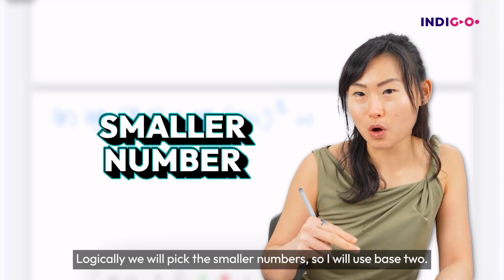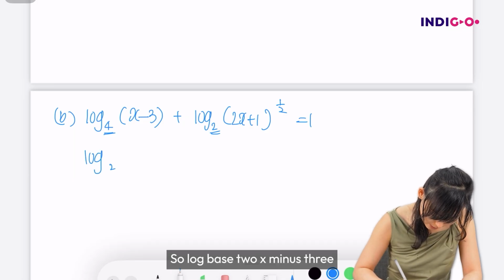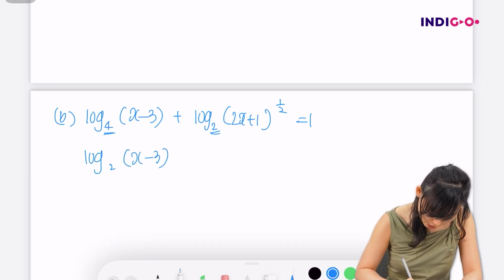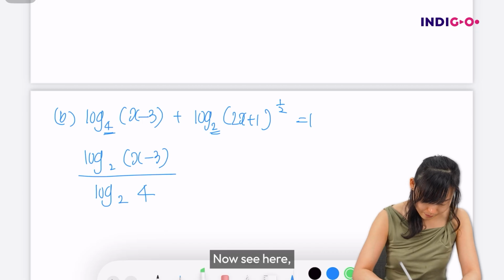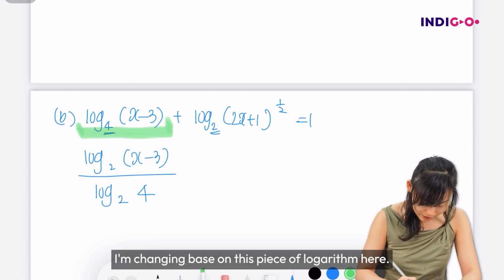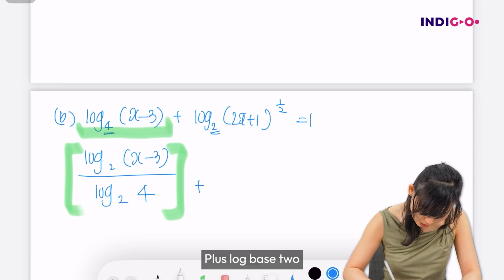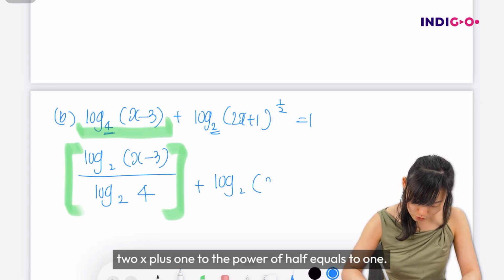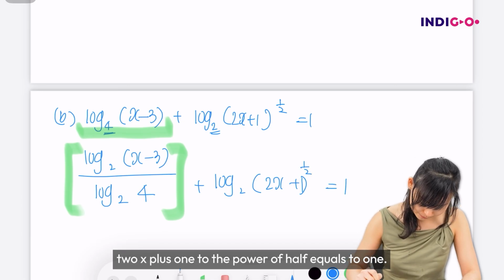Logically, we will pick the smaller number, so I'll use base 2. So log base 2 of (x minus 3) over log base 2 of 4. I'm changing base on this piece of logarithm, and that's what I end up with, plus log base 2 of (2x plus 1) to the power of half equals 1.